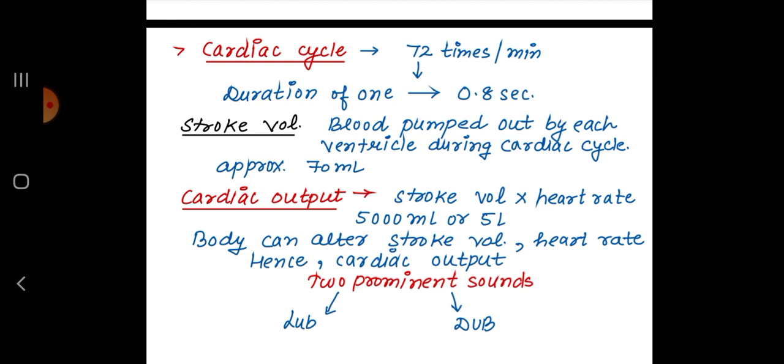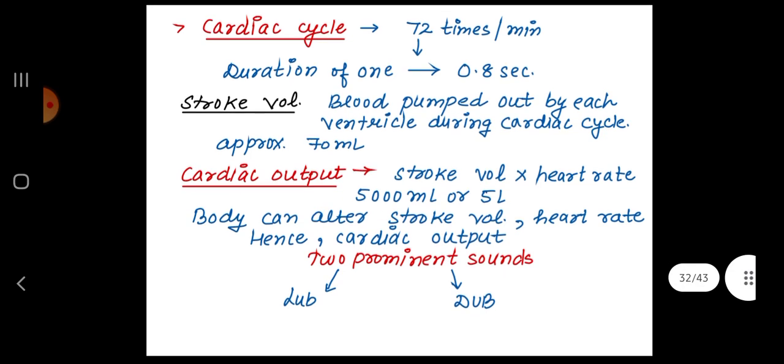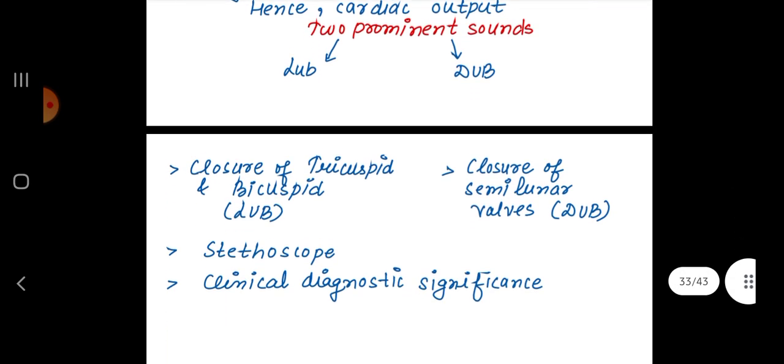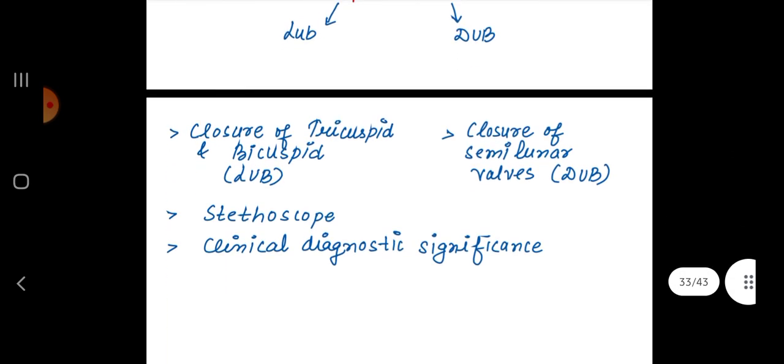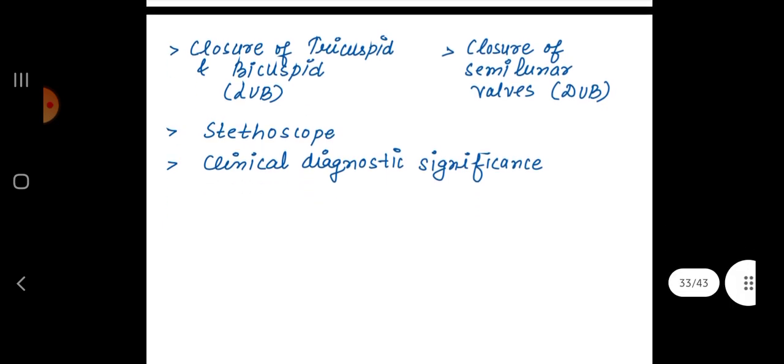Stroke volume is the blood pumped out by each ventricle during a cardiac cycle. Cardiac output is stroke volume multiplied by heart rate. The body can alter stroke volume and heart rate, and hence cardiac output. There are two prominent heart sounds, lub and dub. Closure of tricuspid and bicuspid valves produces lub, and closure of semilunar valves produces dub.